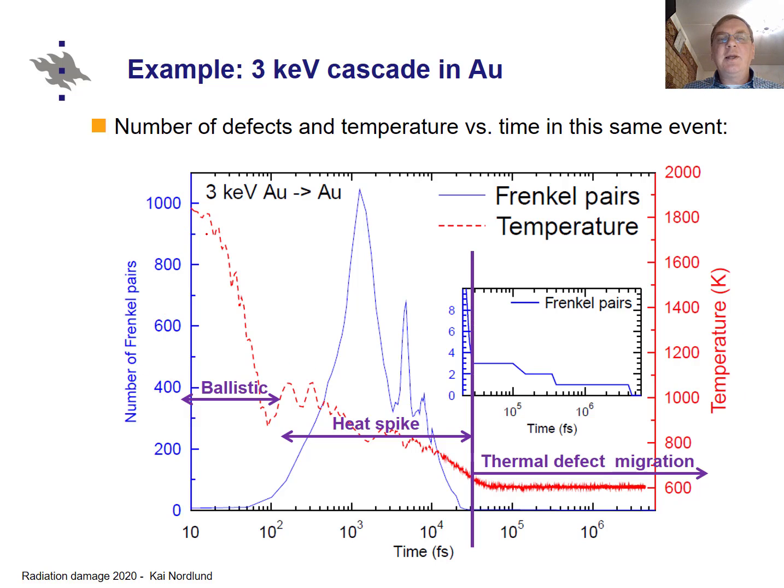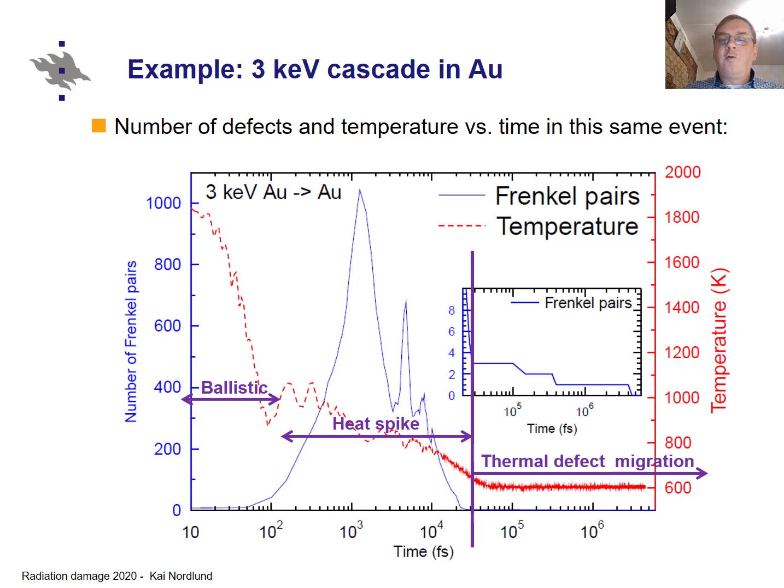You see in the ballistic phase, the temperature in the system is very hot. This is because it's a finite size system, so also the average temperature is hot. Then you have the heat spike phase with lots of Frenkel pairs. Formally, these are not really Frenkel pairs. This is the liquid-like region of the heat spike, and this lasts until about 30 picoseconds.